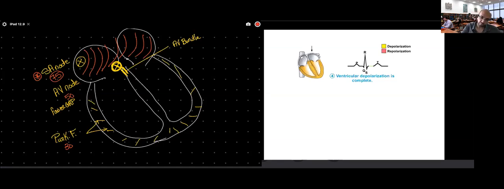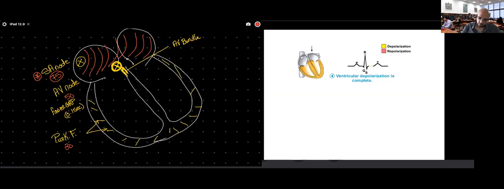So there will be some time delay of 0.1 second while the electrical impulse is going to be freely distributed to the cardiac muscle cells of the atria. It reaches the AV node, which is the only port to leave the atria and get into the ventricles. But this AV node will be delaying the electrical conduction.